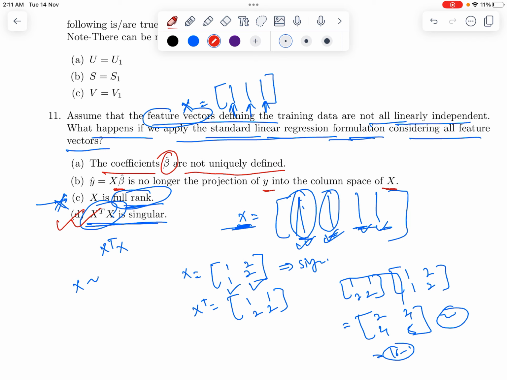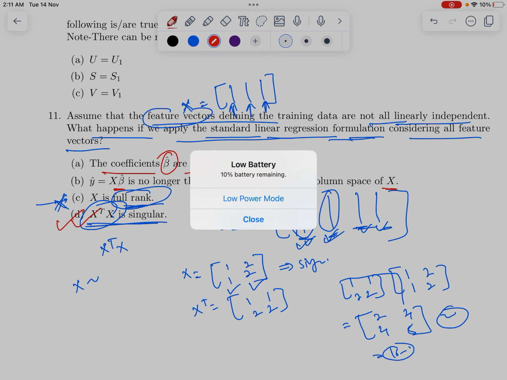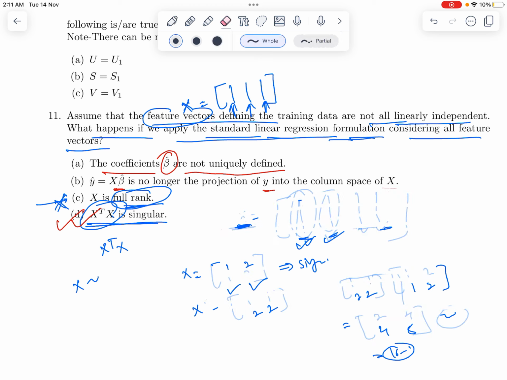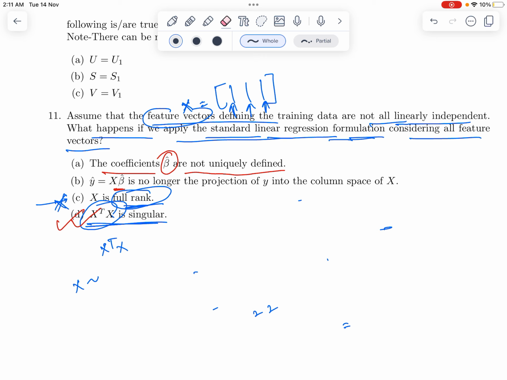If you have already gone through the normal form, then it is easy to answer this question. So let's look at option A first. The coefficient b hat means the vector b hat equals b1, b2 till bn.